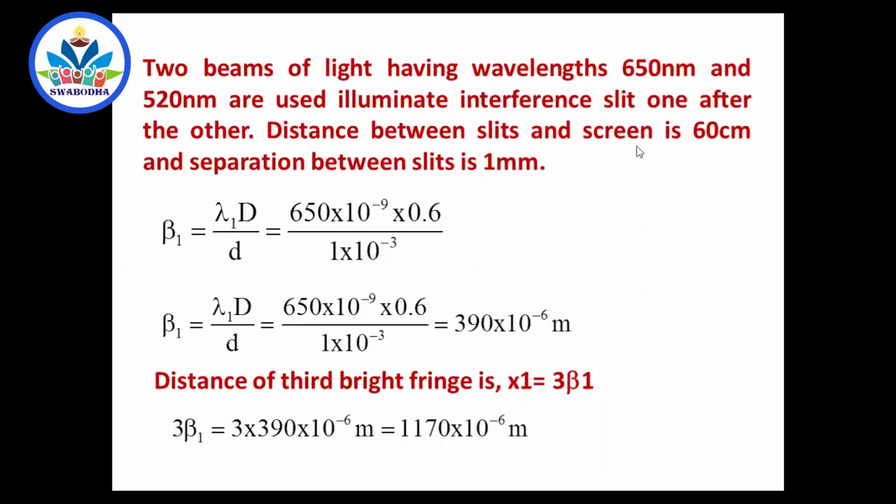That is for 650 nanometer. Sir, what about 520? Not yet switched on. Now the second bulb is getting switched on. It is a little bit late, like a tube light. It is now getting switched on. Switch on 520. Of course, this is written in millimeter. Bring 3 places to the left, 1.17 millimeter. That you can do yourself.